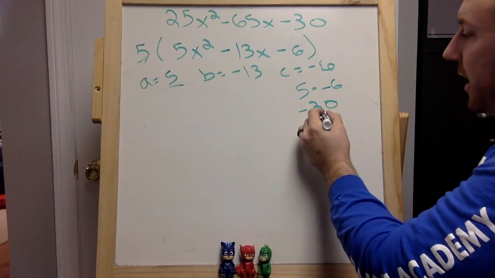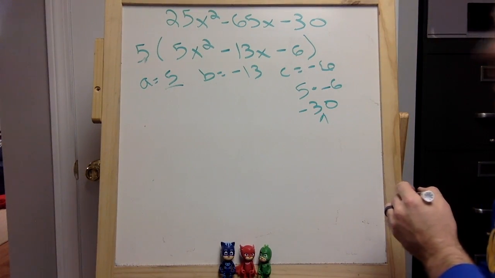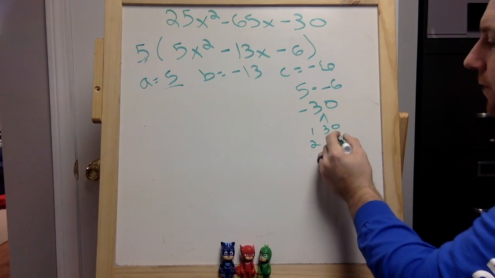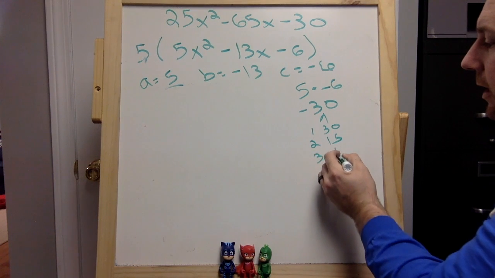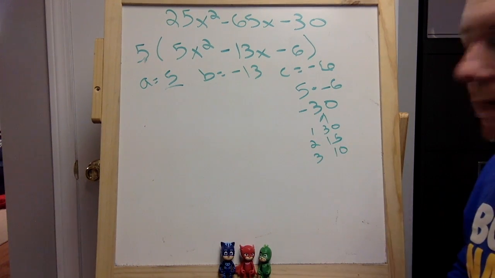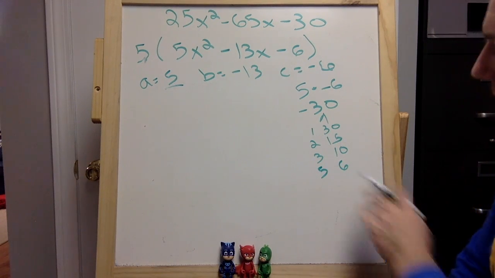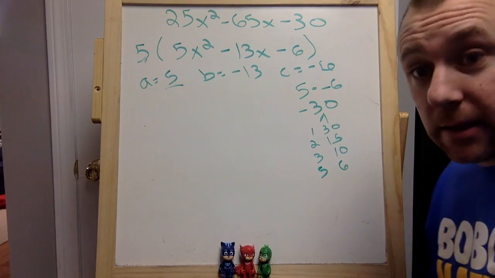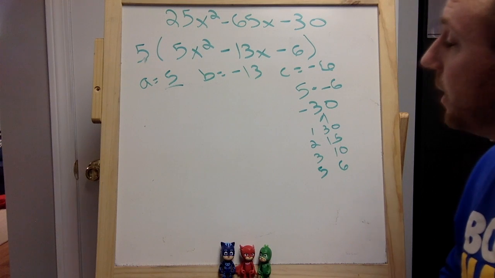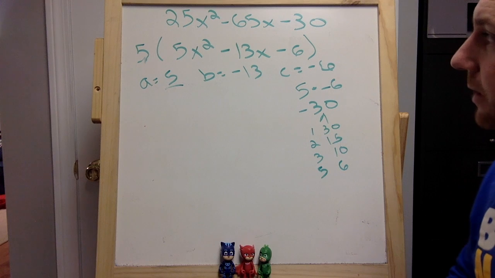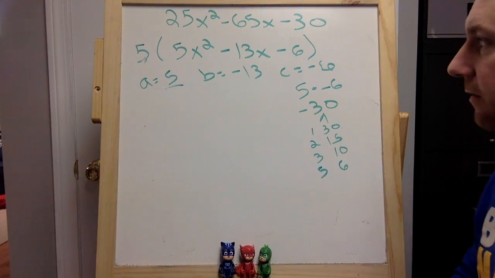So now I am finding the factors of -30. So 1 and 30, 2 and 15, 3 and 10, 5 and 6. And once I get past that, I start repeating numbers, so I don't have to keep going. What you'll notice about this is C is negative, and the B is negative.